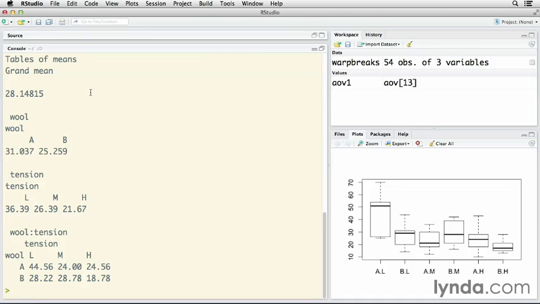That's our very strong, significant finding right there. And then the interaction of the two, what you can see is that for low and high, A had more breaks than B. But interestingly, it flipped around for medium where B had more breaks. That's an interaction effect that often characterizes, for instance, experimental research.